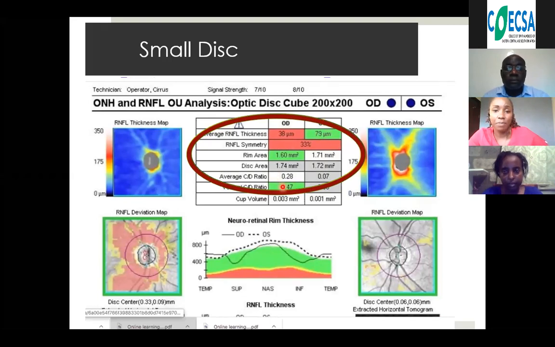What is important here is the disc area on the right is really, really small, 1.74. The left is also quite small, but the left does not have glaucoma. And when you look at his graph over here of the neuroretinal rim thickness, it's quite affected on the right as compared to the left.